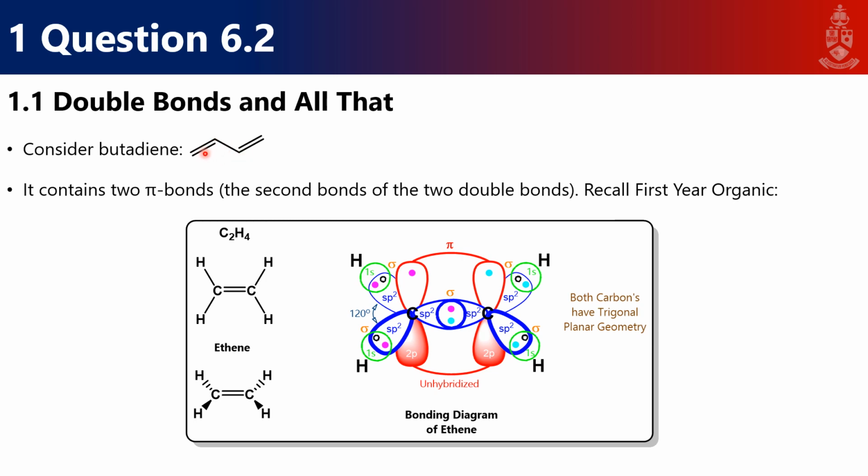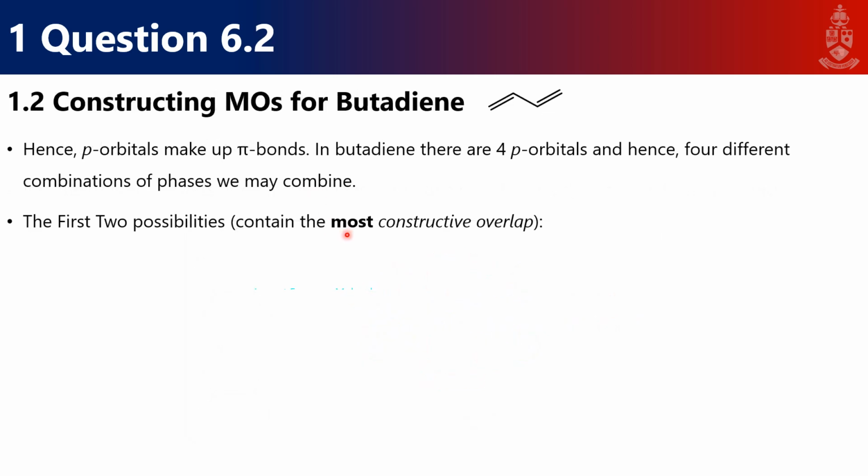Okay, so that is what we essentially want to look at. If we use the p orbitals to make pi bonds, there are 4 p orbitals in butadiene, right? And each of these has 2 phases.